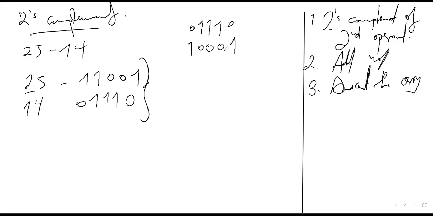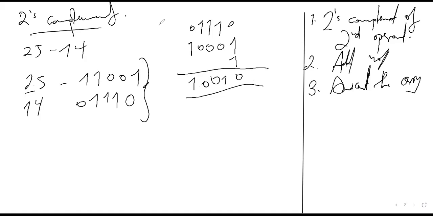Step 2, we add 1. So this is 0, carry 1, 1, 0, 0, 1. So this is the 2's complement of 14. Is this correct? Yes, it is correct.